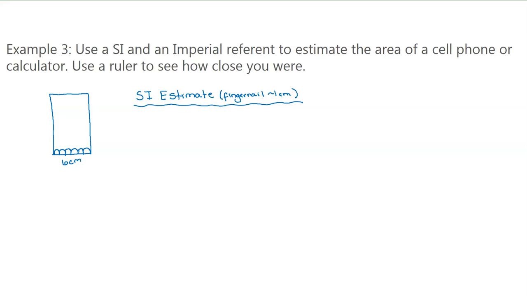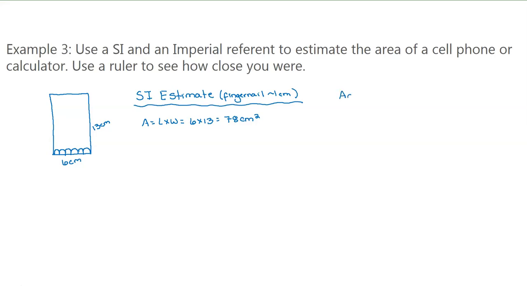Now if I do the same thing going up along the side, I get about 13 fingernail widths. So that means 13 centimeters. So now let me calculate the area using these measurements. 6 times 13 is 78 centimeters squared. So that's my estimate for the area of my cell phone.